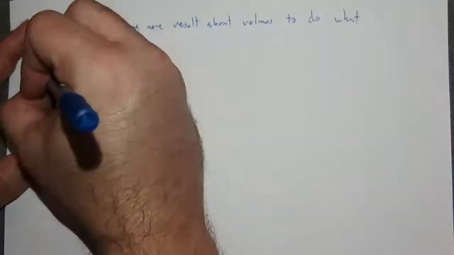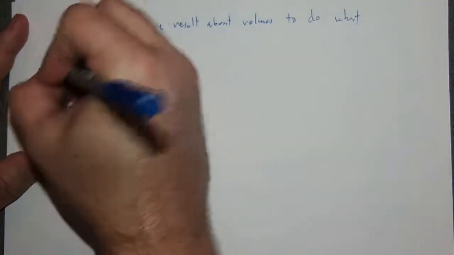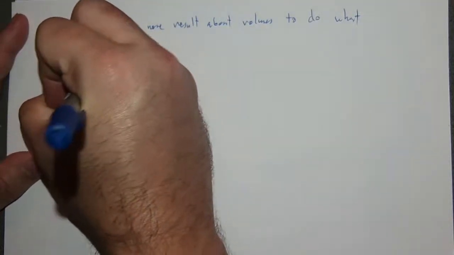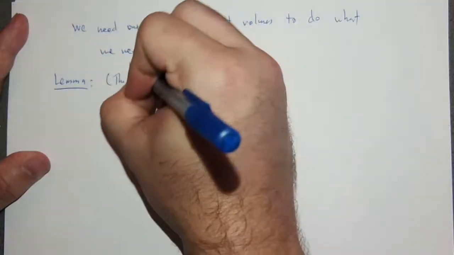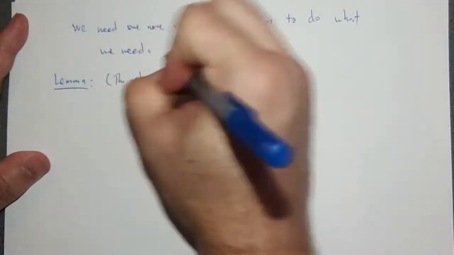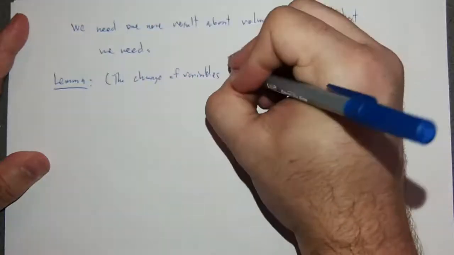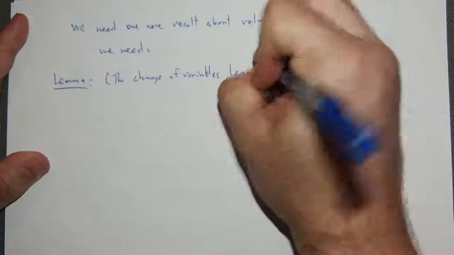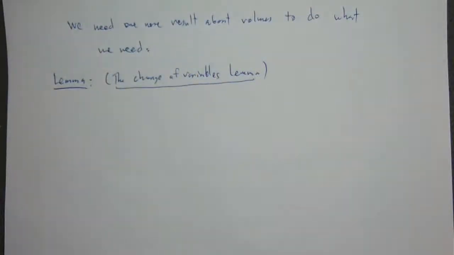Call this the change of variables lemma. This is the thing that is done before multivariable change of variables.